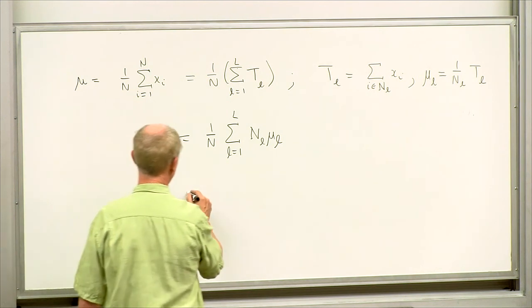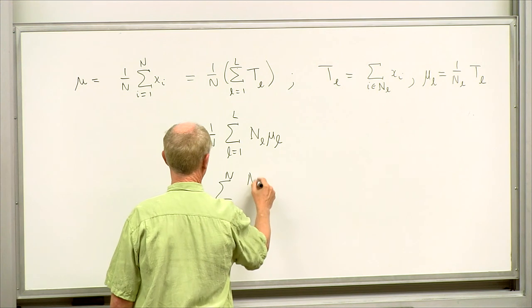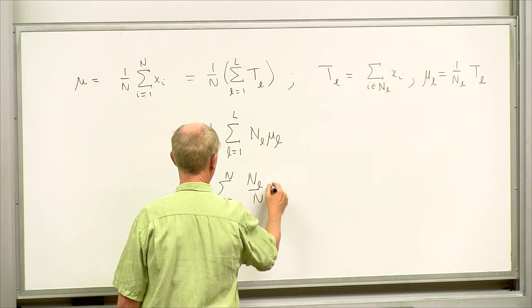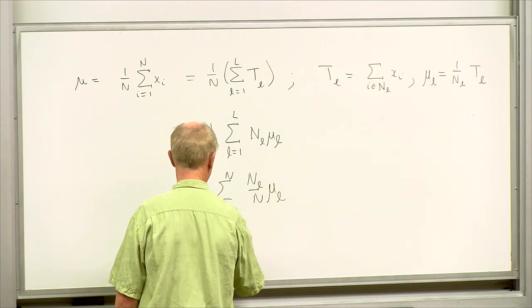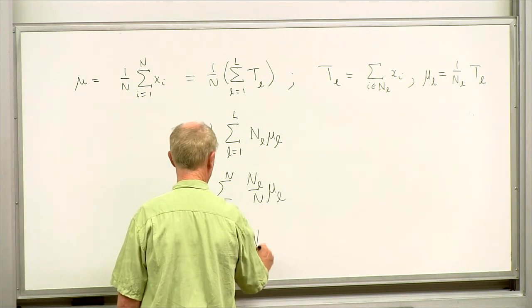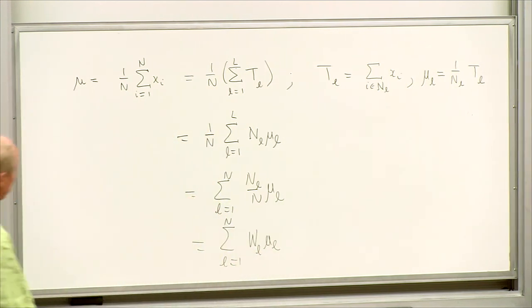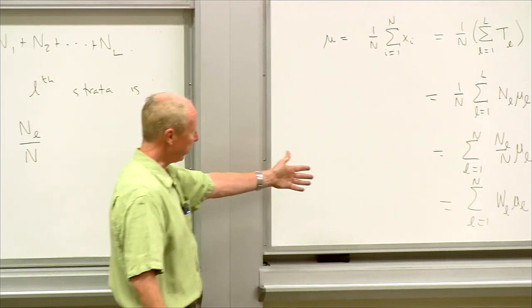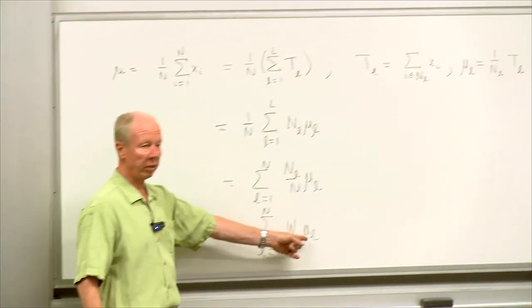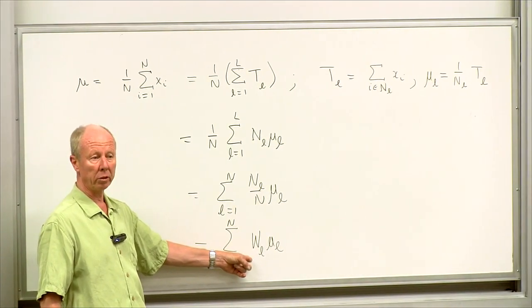Now I can move the 1 over n inside. And in terms of the weights, we could write it that way. And this is, we did this last time already. So the population mean is the weighted average of the strata means. And the weight is just a proportion of members of that strata in the whole population.